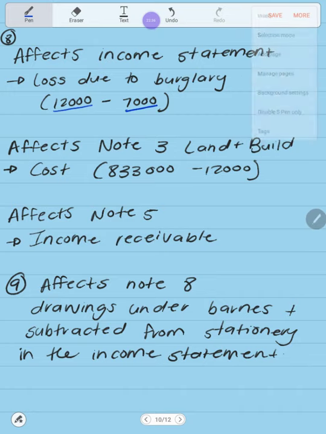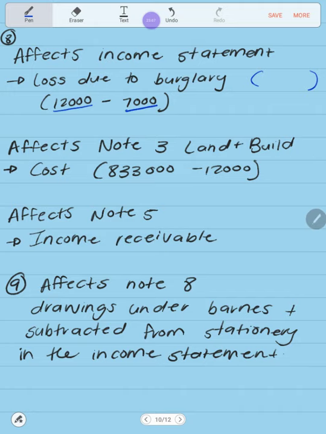So your difference would be your loss. 12,000 minus 7,000, you get your value and you put it in your income statement. Okay? It affects note 3, your land and buildings. So when you get to your note 3 under land and buildings, you go to cost. In the beginning of the year, 833,000, and you subtract 12,000 because it was incorrectly debited.